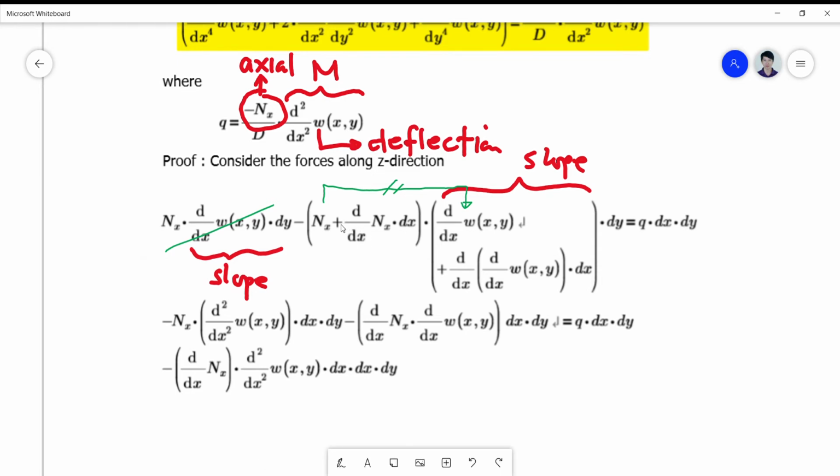So this is multiplied now to this one, and then this is multiplied to this one, which is this derivative here.